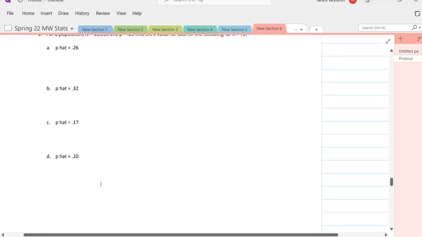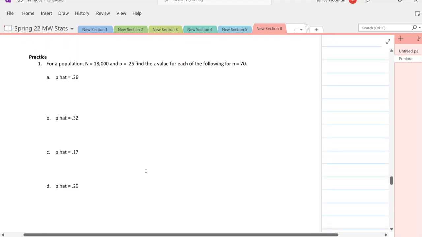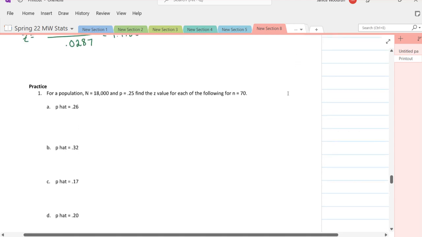Just your z values. So try that real quick. You really don't need the 18,000. I think that's there to throw you off. So find p, q, and then the standard deviation based off of the sample size of 70. And then you'll do the z values.